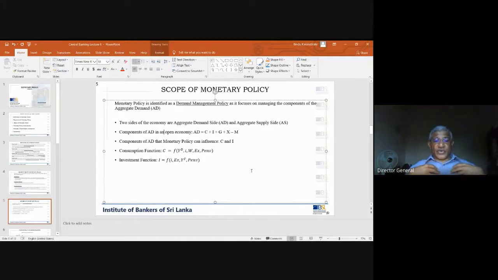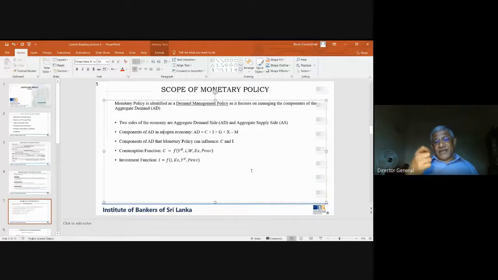Now, if I am a household, if I am a business person, if I earn 100 rupees, pay taxes of 10 rupees, spend 80 rupees on goods and services and save 10 rupees, if Kavinda is the person who is producing these goods and services, when I buy goods and services from him for 80 rupees, he will get only 80 rupees from me because I have saved 10 rupees.